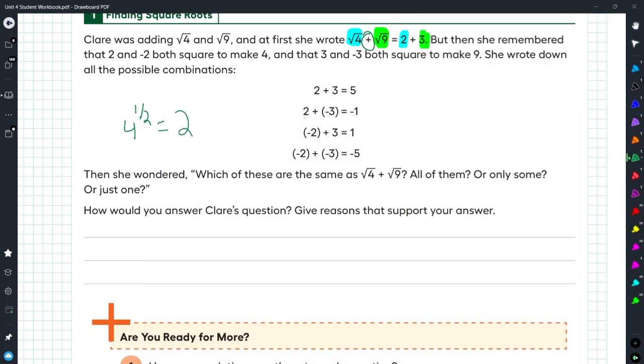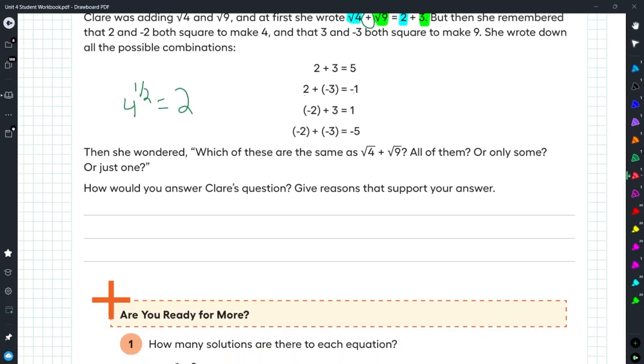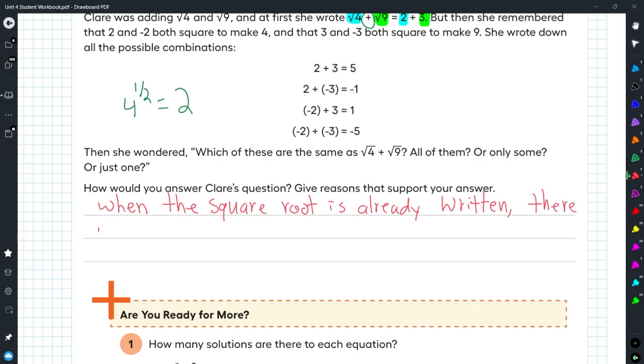So there's only one correct answer when we are given the square root. So when the square root is already written, there is only one answer.